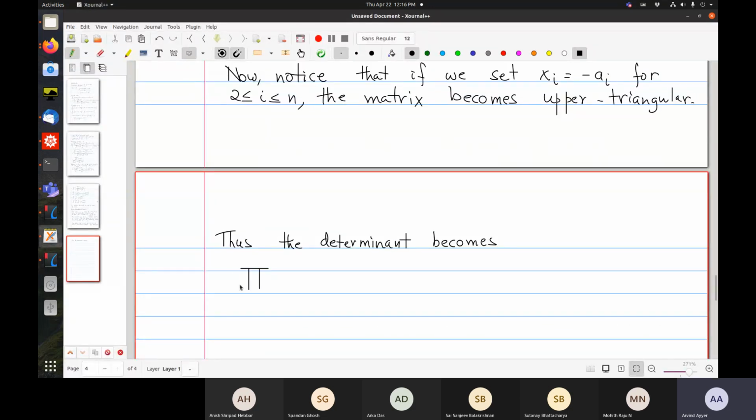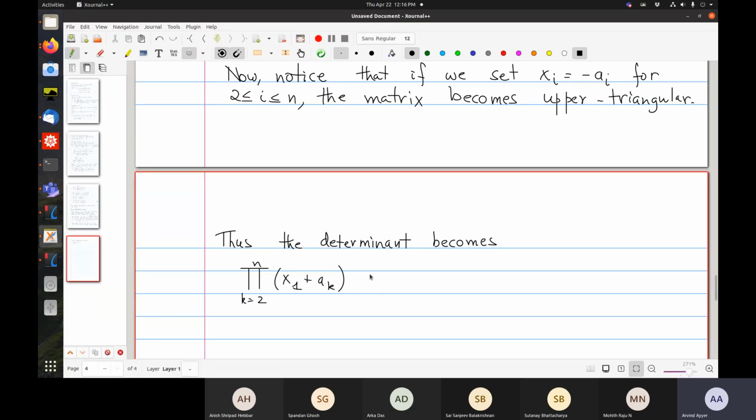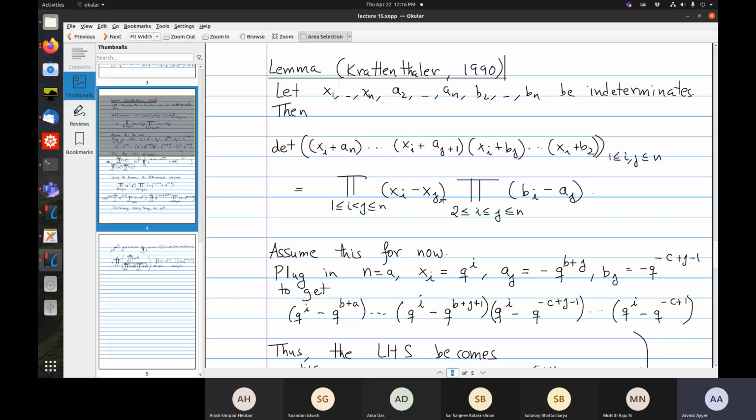So I have the product k equals 2 to n of x1 plus ak, that is from the 1 entry, and now for all other entries I take the product over 2 less than or equal to i less than j less than or equal to n. So I am going to take a product of these entries. Here j starts, remember I am setting j equal to i, so this starts at i plus 1.